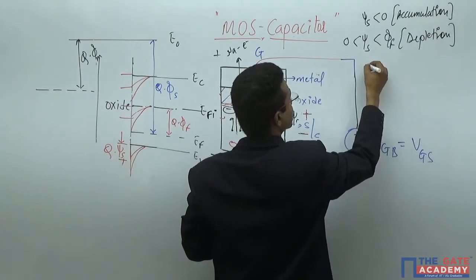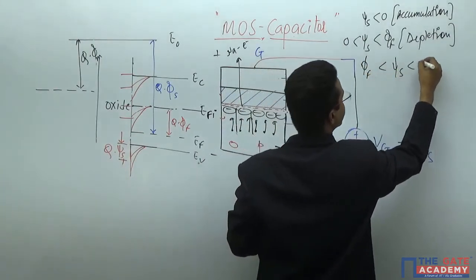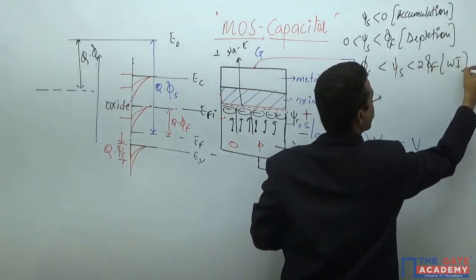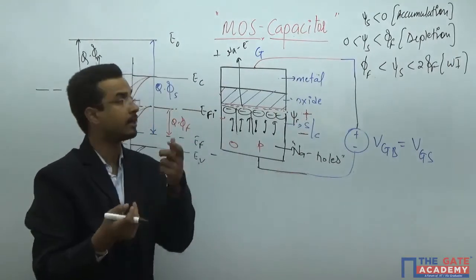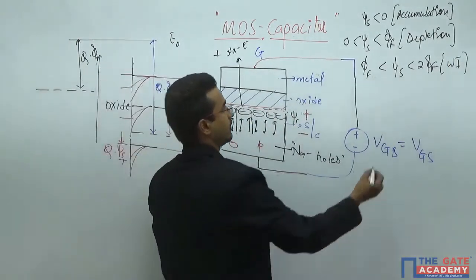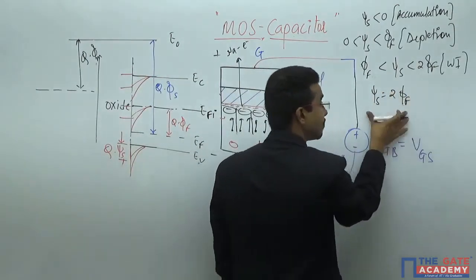When psi s is between phi f and 2 phi f, this is weak inversion. Because you have inverted the channel, but the number of charge carriers in the inversion region is very less. This is psi s equals 2 phi f. This is important.